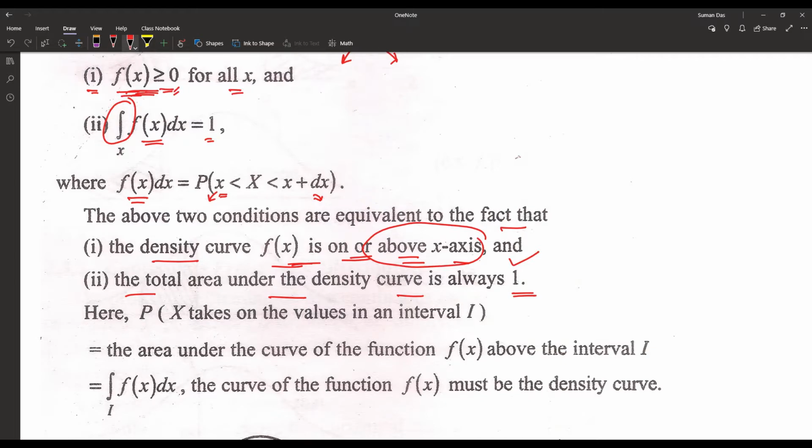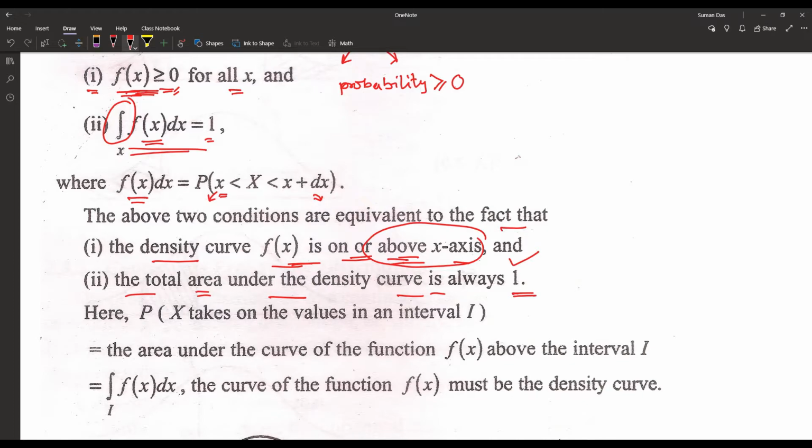That means each and every probability must be greater than or equal to 0. So that's why it is on or above the x-axis, and the total area under the density curve is always 1. That defines the integration of the total area, f(x) dx, is equal to 1.